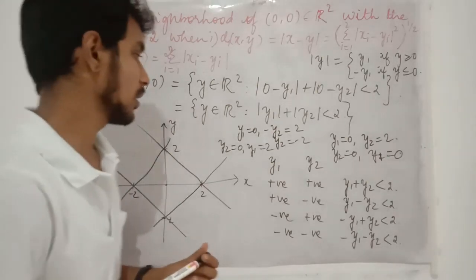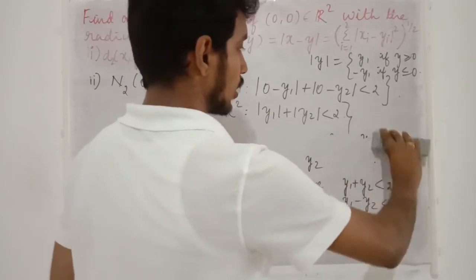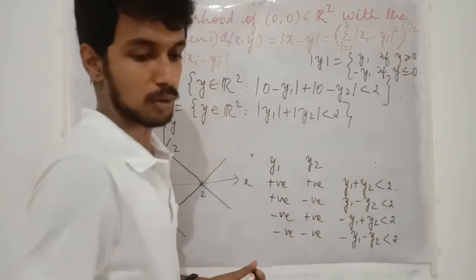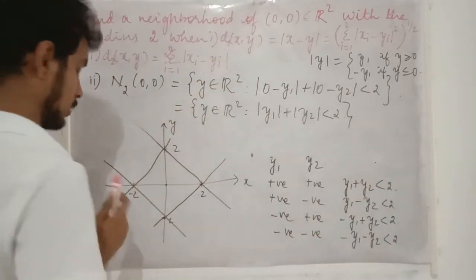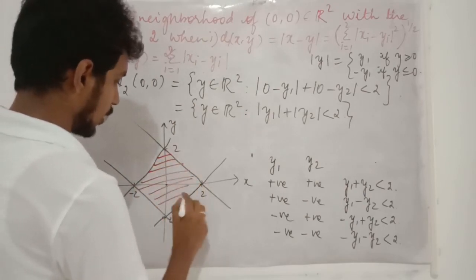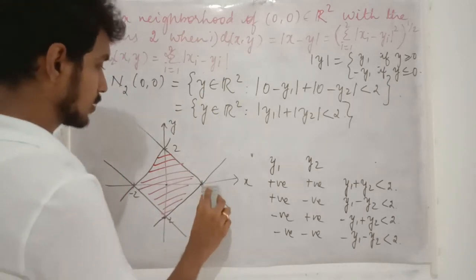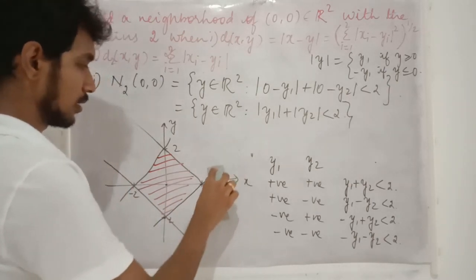And finally, the common region between all these 4 lines is going to be your neighborhood. Which means this is the common region between all the 4 lines. And you can see this is a diamond shaped region.